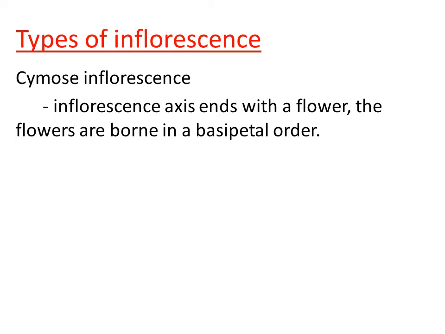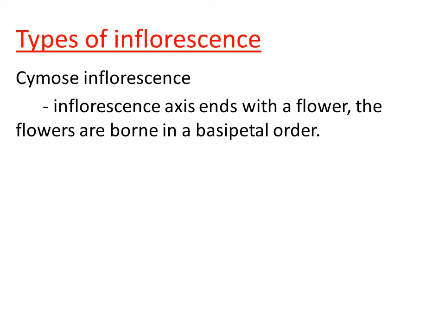Because of this pattern of arrangement, it is called basipetal order. Basipetal order is the formation of younger flowers at the base of the inflorescence axis. So the inflorescence axis ends with a flower in cymose inflorescence, and the flowers are born in basipetal order.